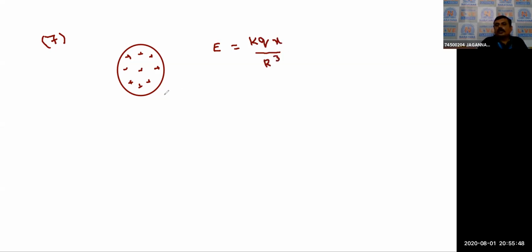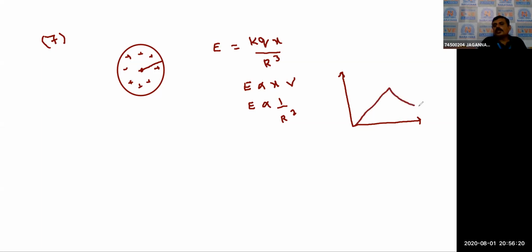This means inside, when you go from the center to the surface, the electric field is directly proportional to distance. And outside, the electric field is inversely proportional, 1 by r square. So what will the graph look like? The graph will come like this. First it increases linearly, and from there onwards it decreases. This is electric field versus distance. This is question number 7.